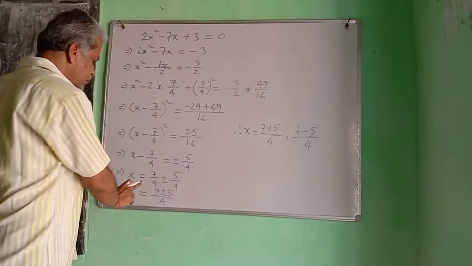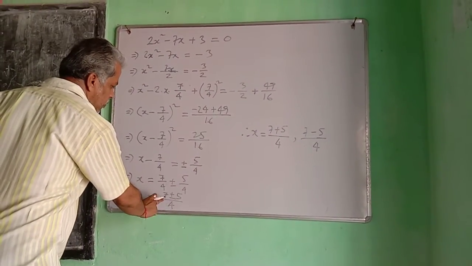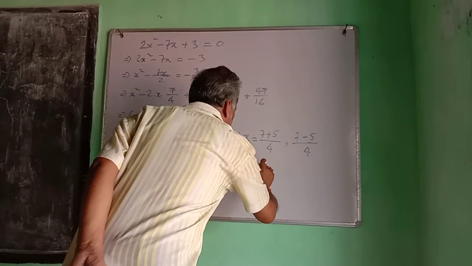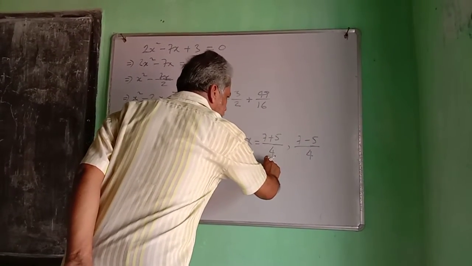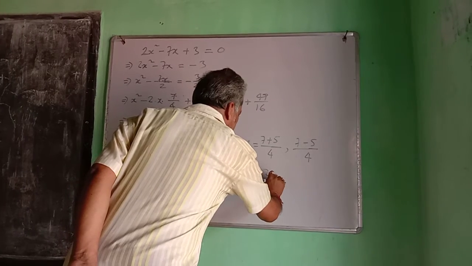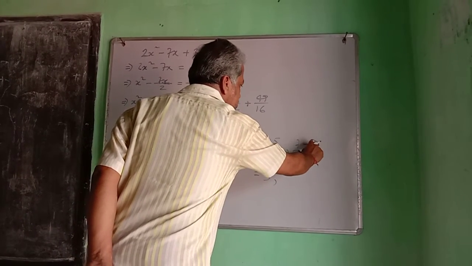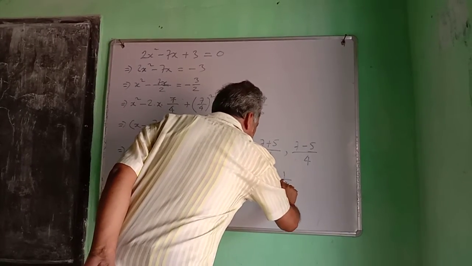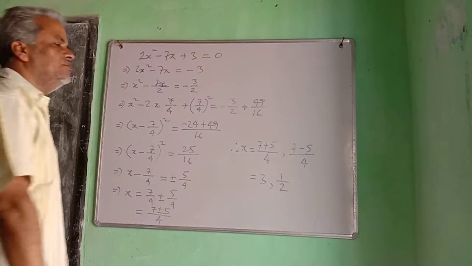So these two results we get, one is 7 plus 5 by 4, other is 7 minus 5 by 4. Ultimately we get 7 plus 5, 12 divided by 4 is 3. And the other one is 7 minus 5 is 2, 2 divided by 4 is half. So this is the solution.